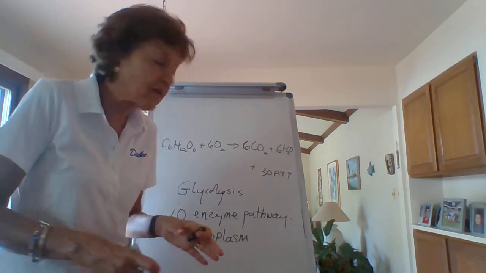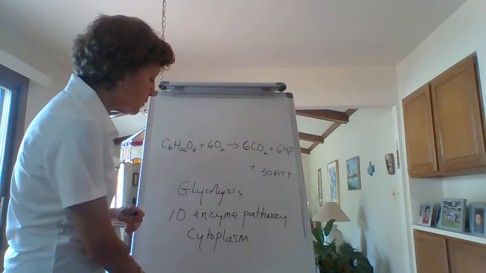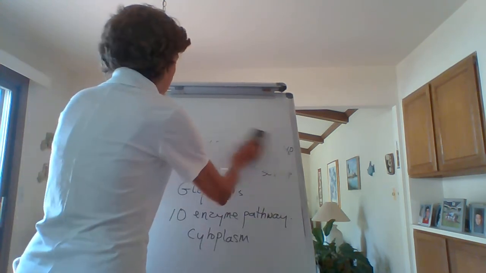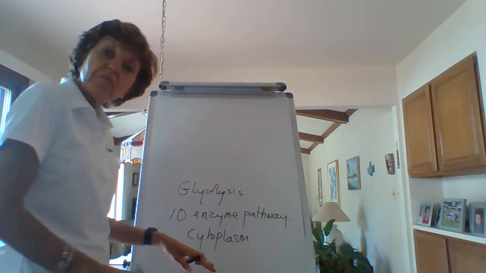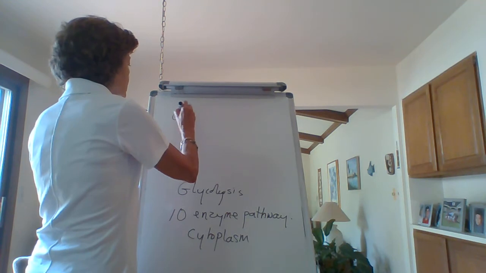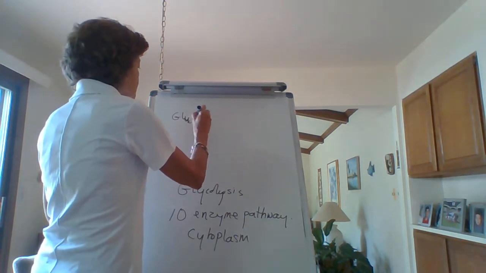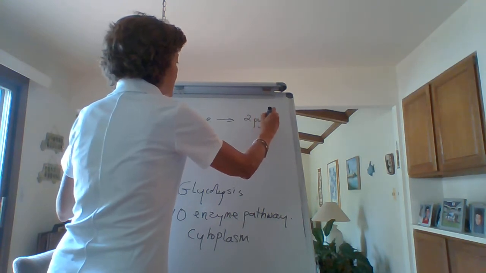That's your cytoplasm or cytosol. So glycolysis is a 10 enzyme pathway in the cytoplasm. So when the glucose gets into the cell, it can begin glycolysis. Glycolysis starts with glucose and ends with 2 pyruvates.